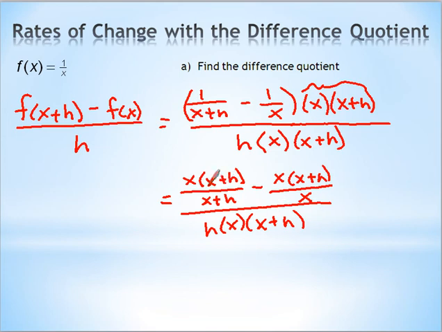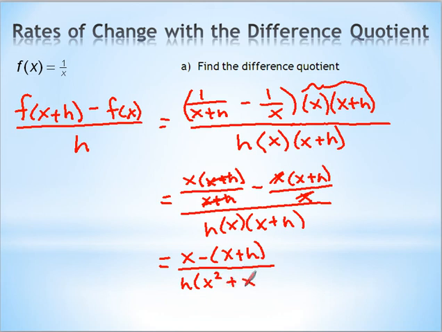Now this factor here eliminates and the x's here eliminate, and I'm left with x minus quantity x plus h all over h times, if I distribute the x into the parentheses, x squared plus xh.